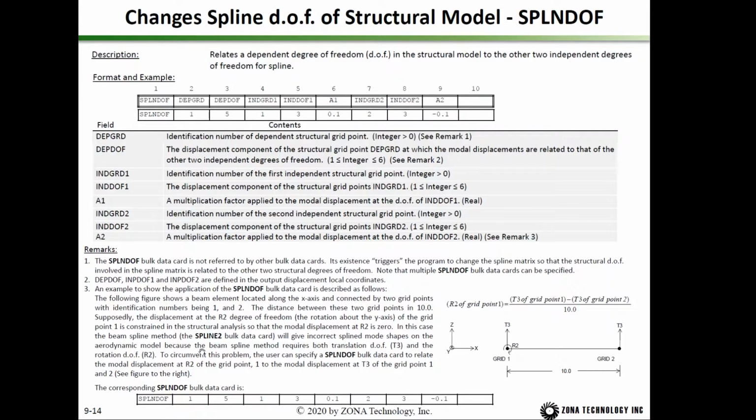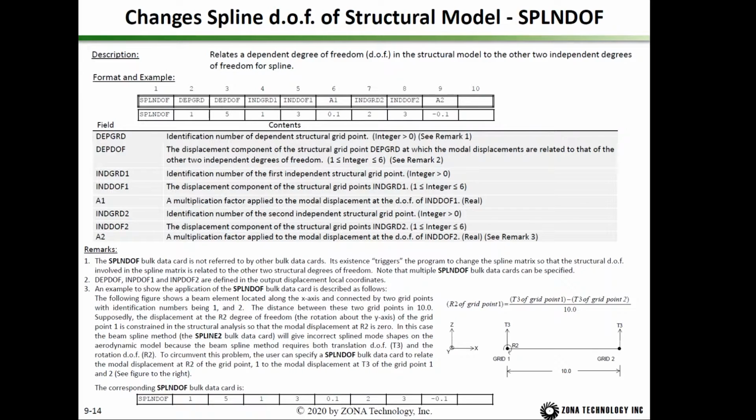The spline d.o.f, usually we use this if you use the GVT measured mode to perform aeroelastic analysis. If you have a missile body, and you use an accelerometer to measure the displacement along XYZ, because it is a beam, you have to use the beam spline.